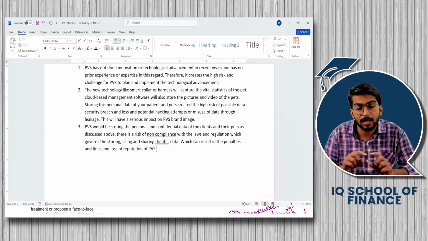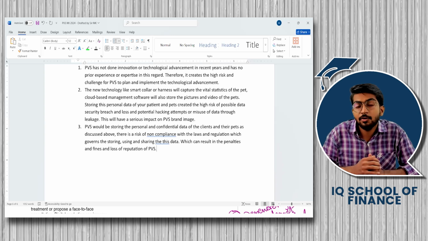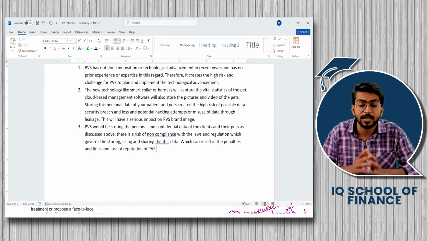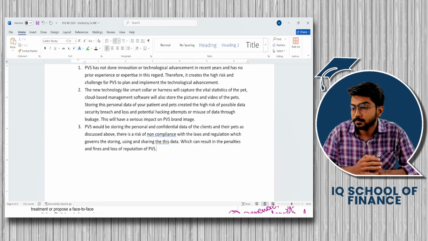Yes, you can connect it with the revenue: you will lose your reputation, you will lose your trust, your customers will move away from you, and then ultimately you will lose the revenue. But you have to explain it. Right now, if you mention only fines and penalties, that is related to profitability. Okay, Hira, is it clear?